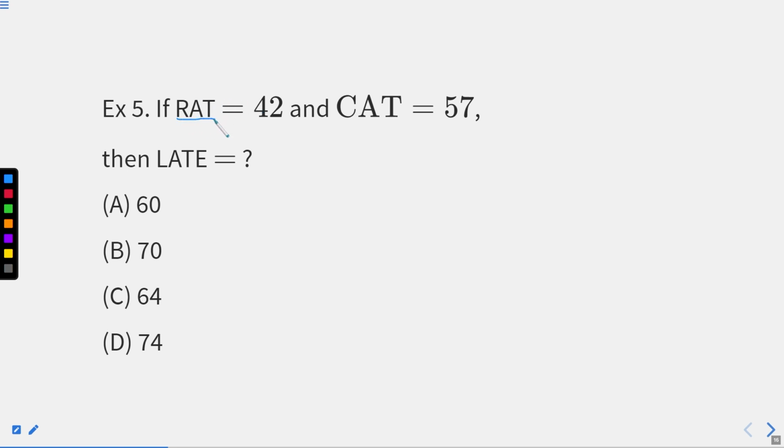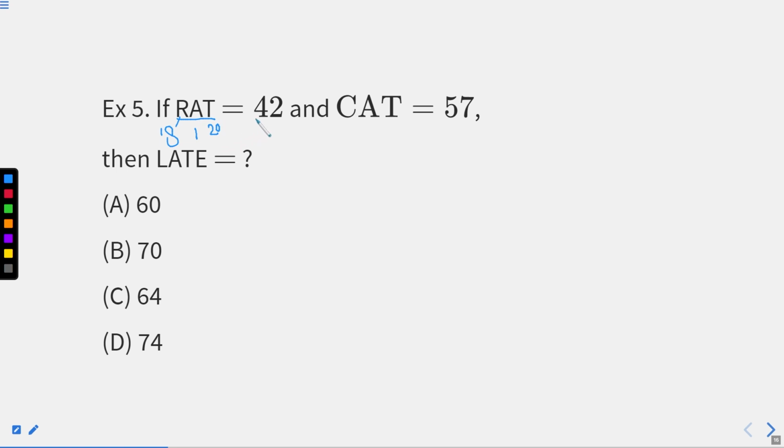So we know R is 18, A is 1 and the letter T is 20. We know our trick, that is T20, correctly.